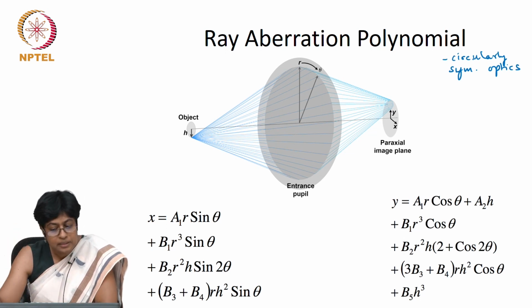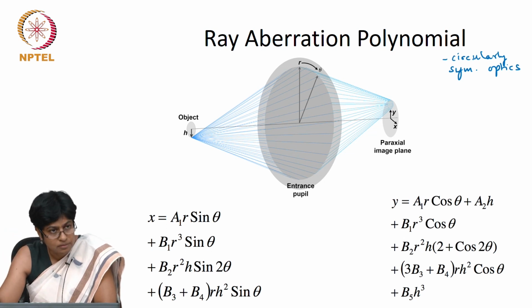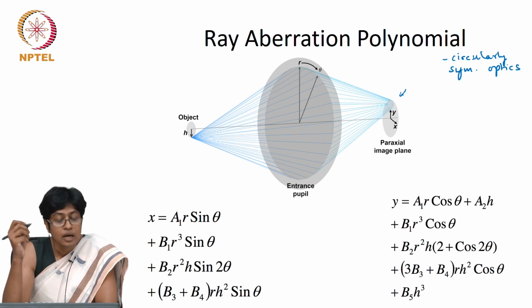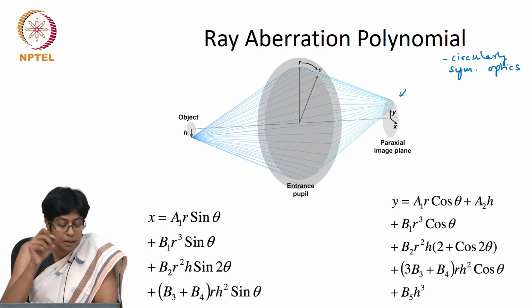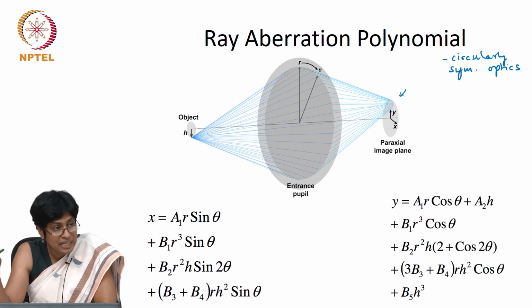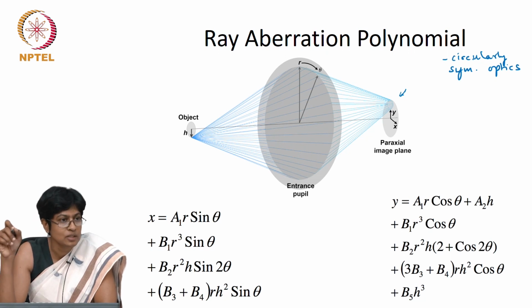So the parameters of interest are the image point in the paraxial image plane, that's what's shown here. And we want to find out where that ray that is coming from the object hits the image plane. In other words, what is the x and y coordinate of the ray as it hits the image plane?